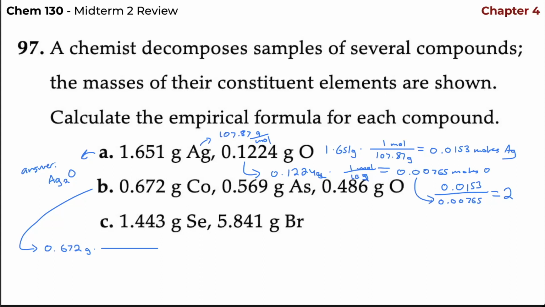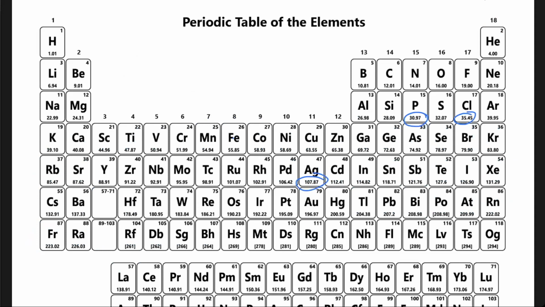Yeah, sorry, I don't know why that took so long. This should be cobalt, right? So if we look that up on the periodic table, that is going to be right here, 58.93, right?